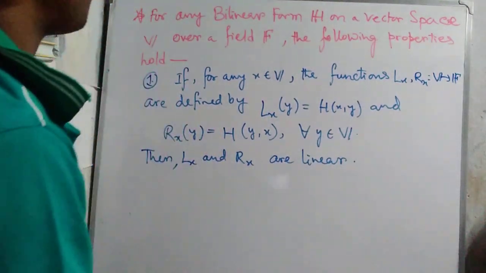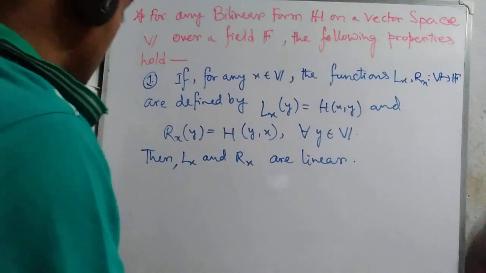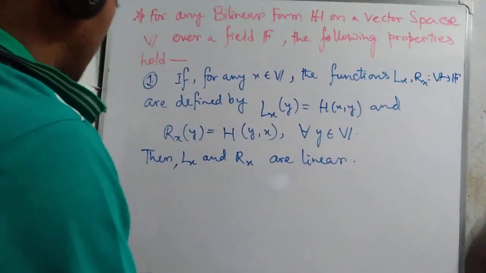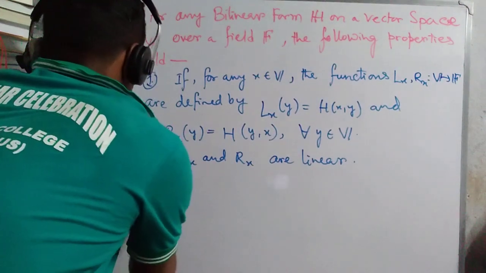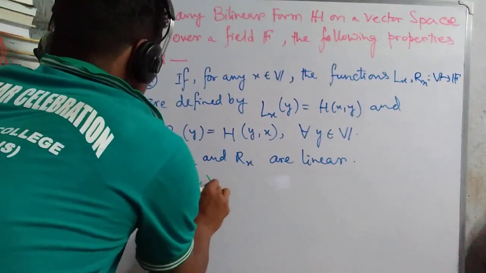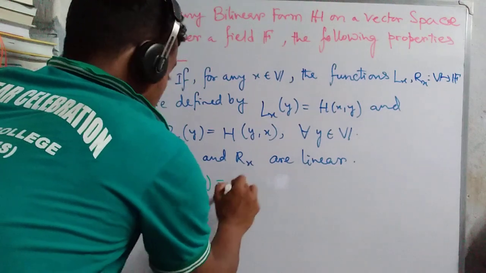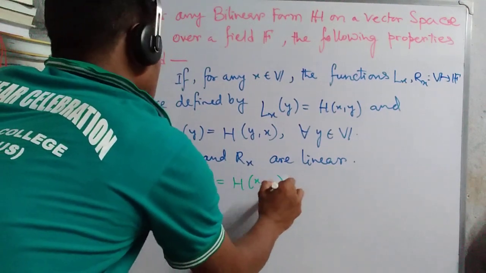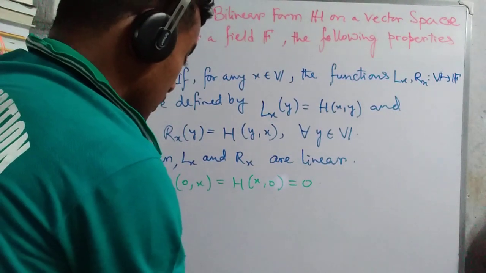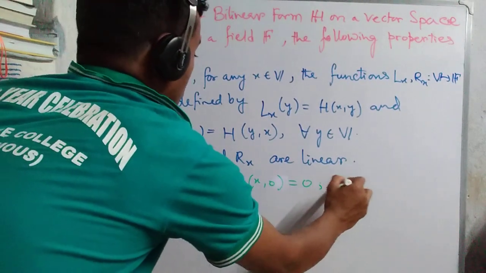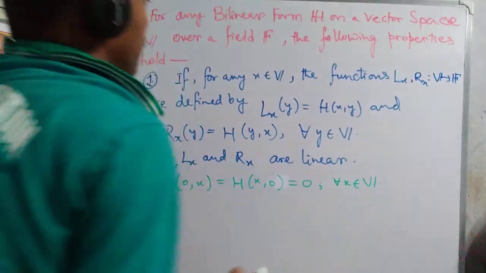Next, h of 0, x equal to h of x, 0 equal to 0, for all x belongs to V.